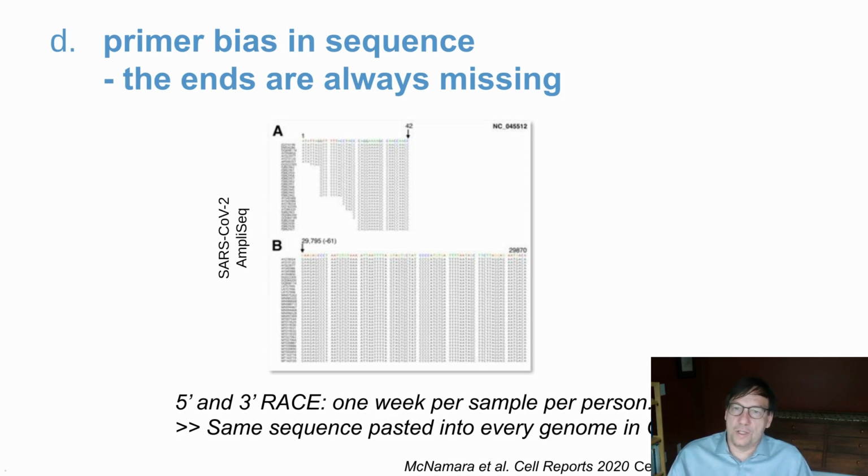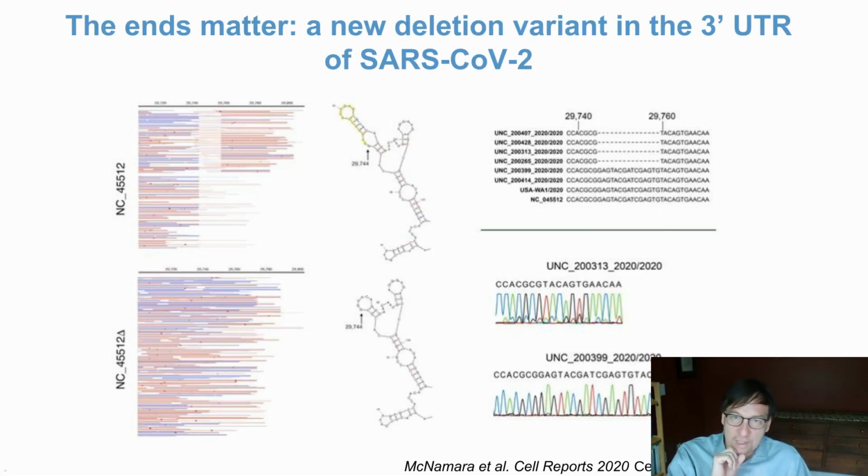What we don't know is if that is in fact the sequence of the anchoring primer made to the 2019 Wuhan strain, or whether it's just sequence copied in, or whether it's really RACE-derived. And so we cannot really support the notion that the utter ends are highly conserved if the data are not annotated.